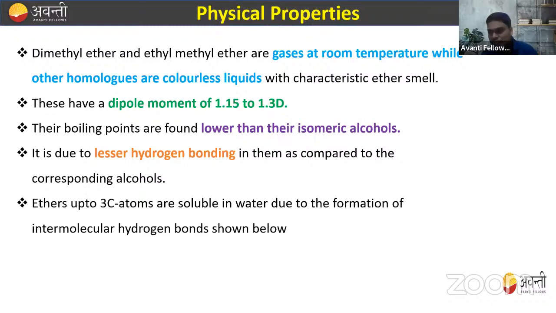Why do they have a dipole moment? Can anyone tell me why they have a dipole moment? You just studied it. What is the structure of the ether? Linear or bend shape? Can anyone tell me? Structure of ether? Anyone?